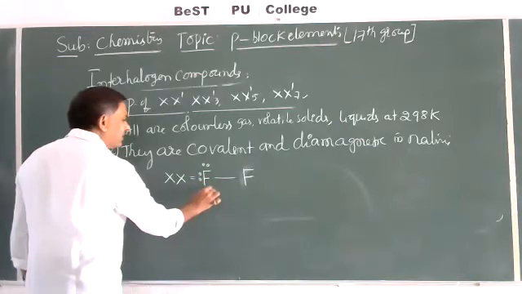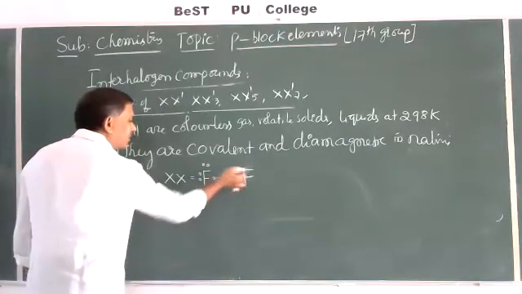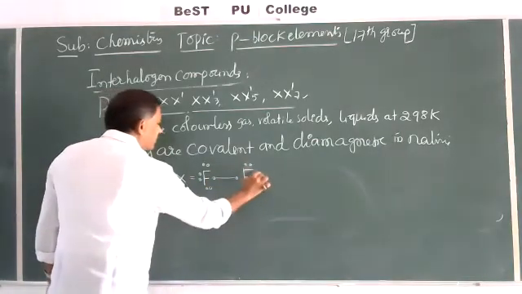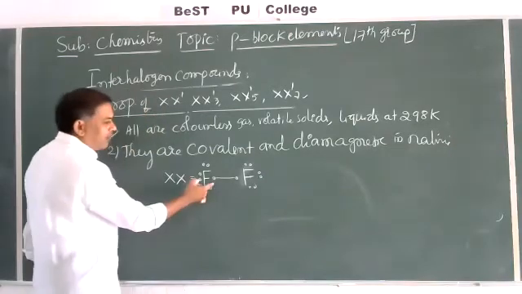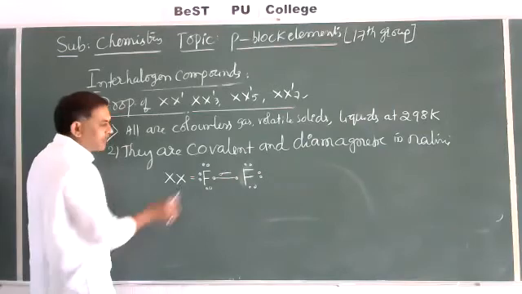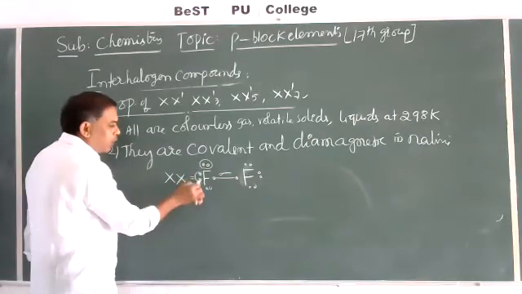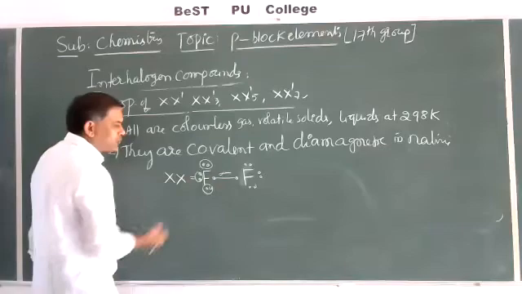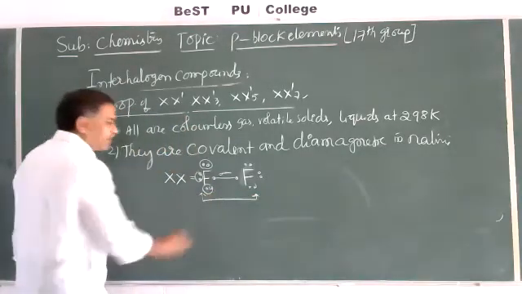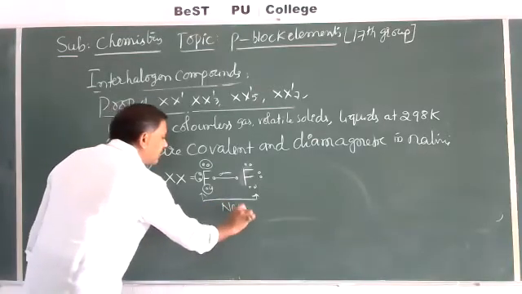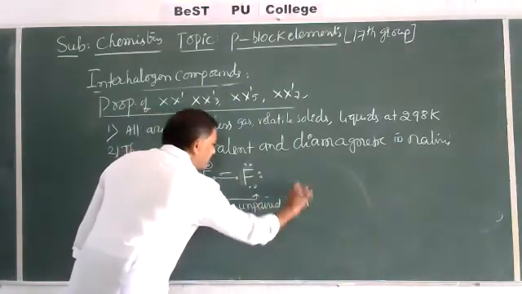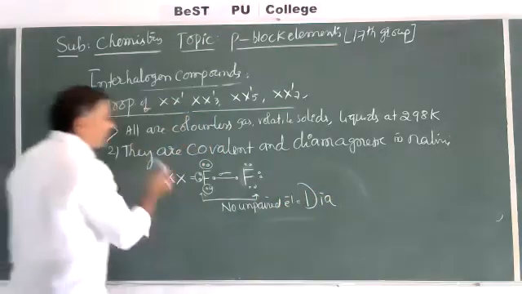Out of 7, 1 electron is bonded with another fluorine, and another fluorine also contributes 1 unpaired electron from its outermost orbit. It forms a sigma covalent bond. Remaining 3 are the lone pairs. All are paired. In these halogens, there are no unpaired electrons. That's why it is a diamagnetic covalent.